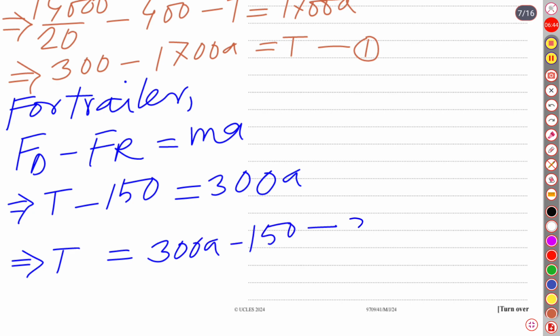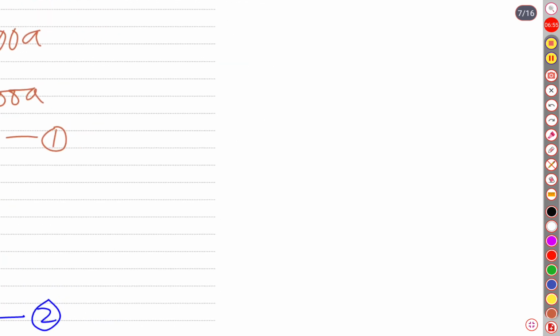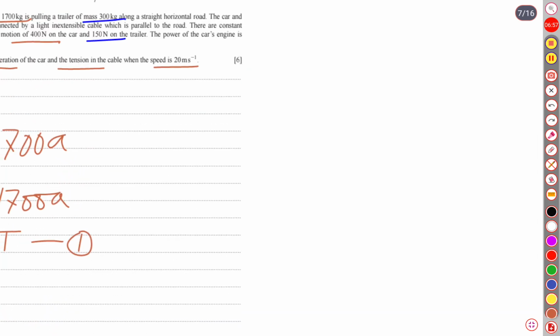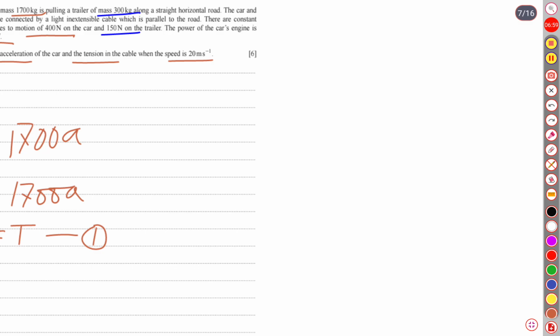Let it be equation number 2. Now let us solve both the equations simultaneously. If we solve the equations simultaneously, we will get, what was the first equation?